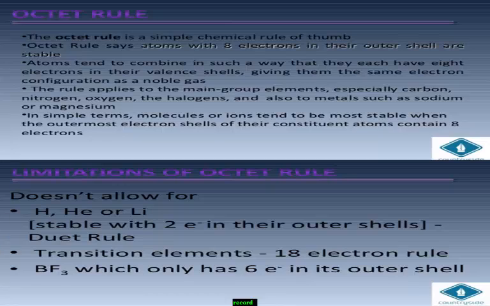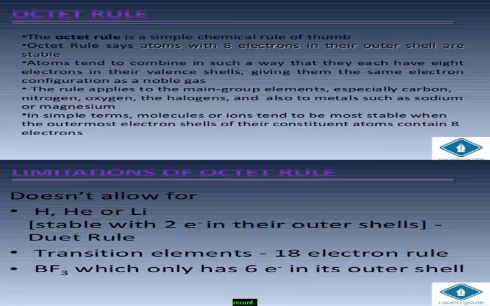What is the octet rule? The octet rule is a simple chemical rule of thumb. This octet rule says atoms with 8 electrons in their outer shell are stable. According to this octet rule, atoms with 8 electrons, that is octet configuration, in their valence shell are most stable.